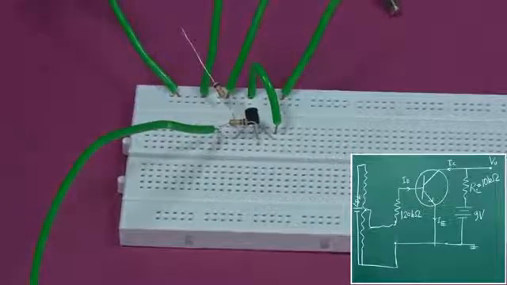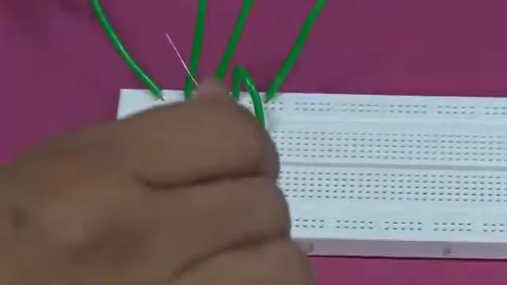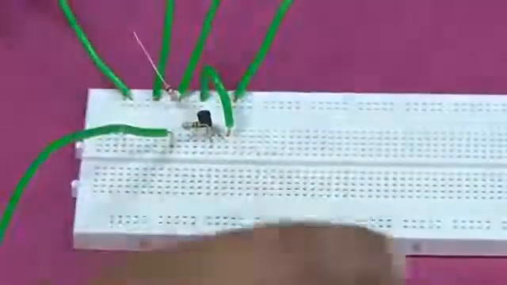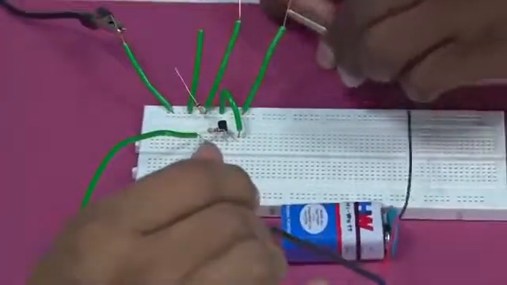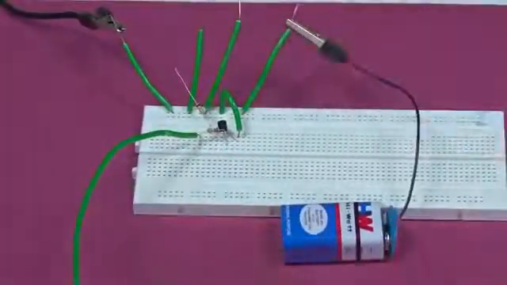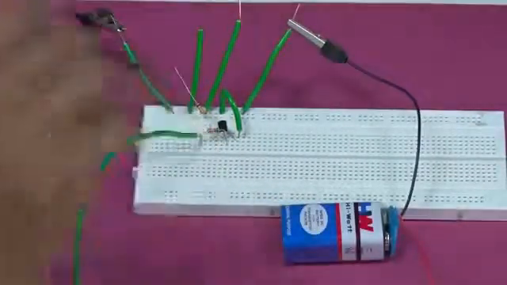So, let us make a 9 volt battery line. Where is the battery? Keep that 9 volt battery here. The negative of the battery should be connected to the ground. And the positive of the battery you can connect somewhere, say here, you put a line.